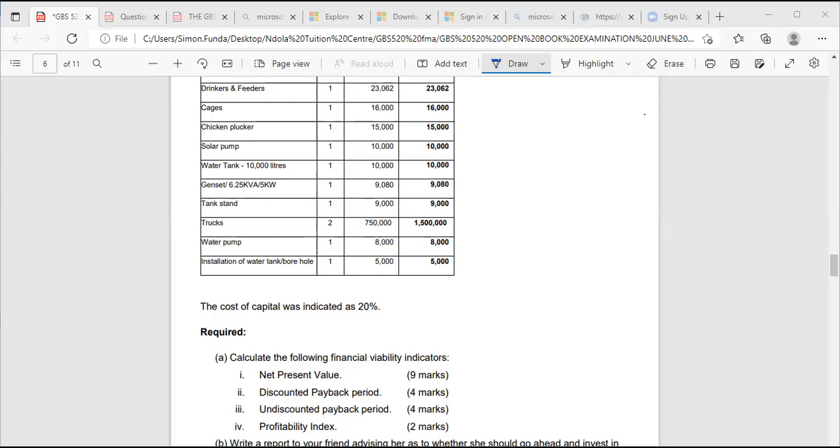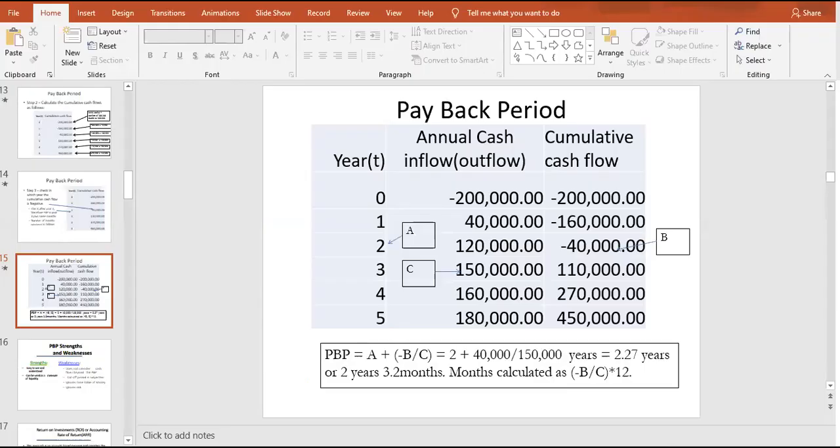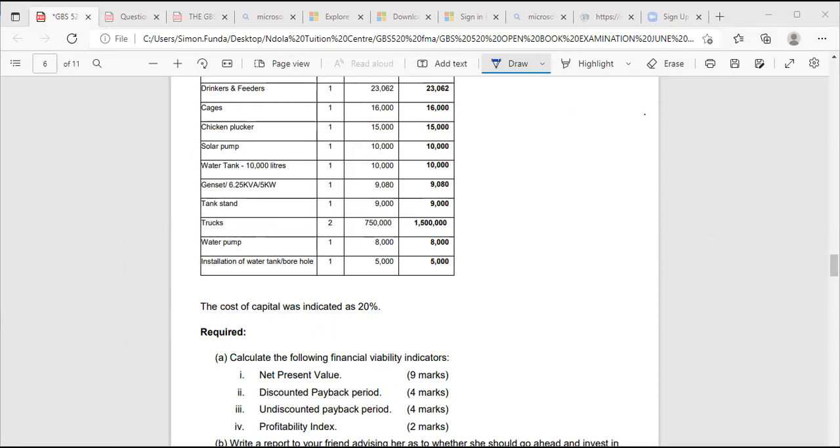Okay, so profitability index is given as follows.